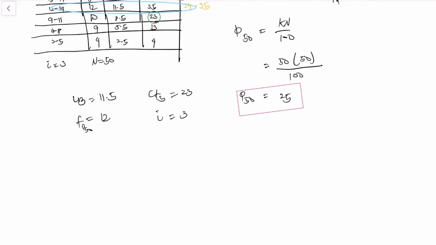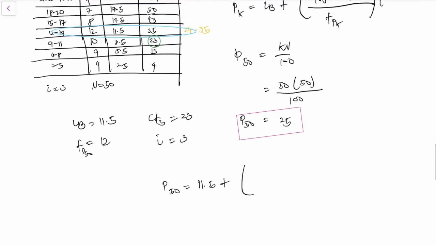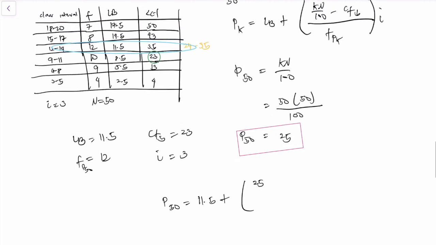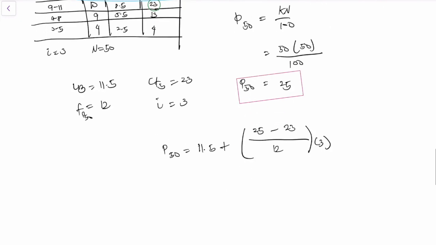Now let us just plug in all of the values into our formula. LB is 11.5 plus kn over 100, which is equal to 25 based on our solving previously, minus the cumulative frequency before P50, which is 23, all over the frequency of the P50, which is 12, times the class interval size.